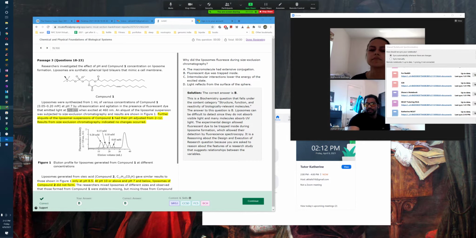So how does pH affect the formation of liposomes using compound 1, pretty much, right?